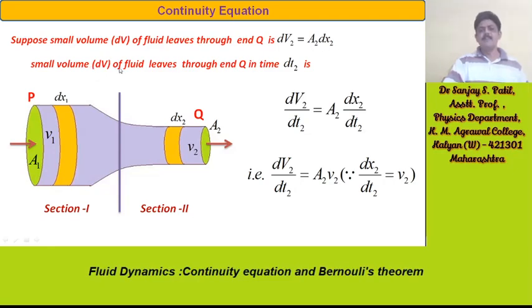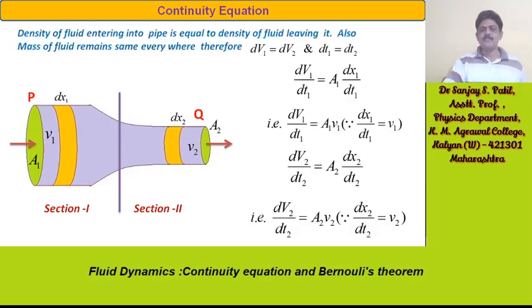Small volume dV of fluid leaves through end Q in time dt2, dV2 by dt2 is equal to A2 into dx2 by dt2. That is dV2 by dt2 is equal to A2 V2, since dx2 by dt2 is equal to V2, the speed of fluid molecules when they are leaving this pipe, leaving end Q in section 2.